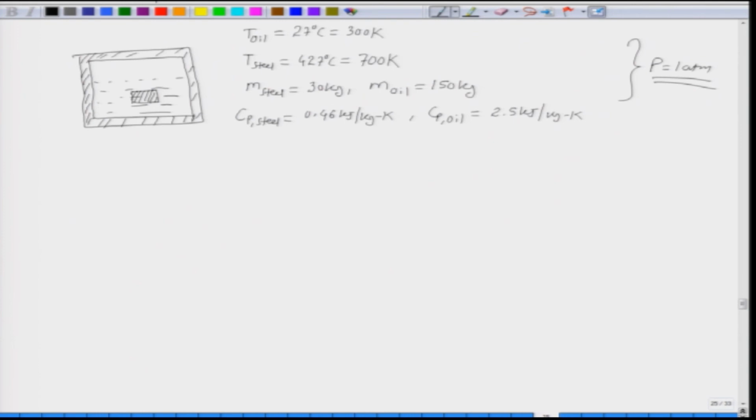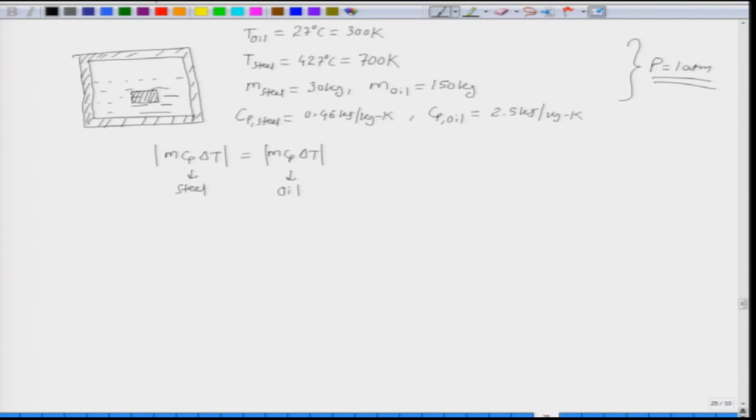So, whatever heat lost by steel should be equal to the heat gained by the oil, right. So, we can write m Cp delta T for steel is equal to m Cp delta T for oil, and here we have to consider the magnitudes, right.